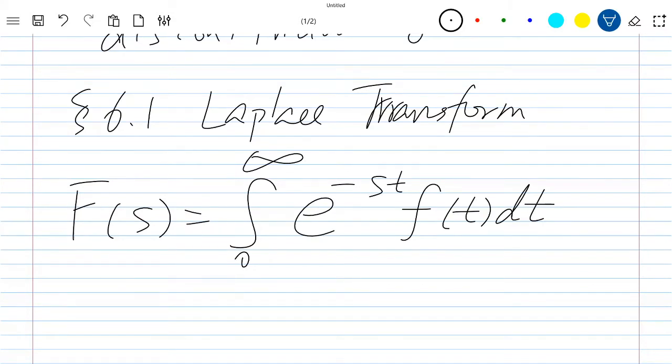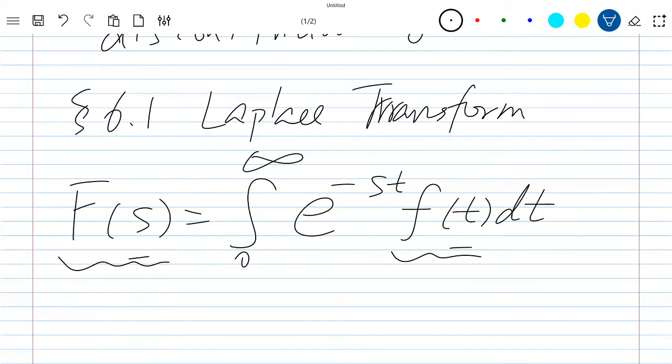Since this is mostly for engineering applications, we will just interpret t as time and s as the variable that you get after the transform. So the transformation turns a function of t into a function of s.